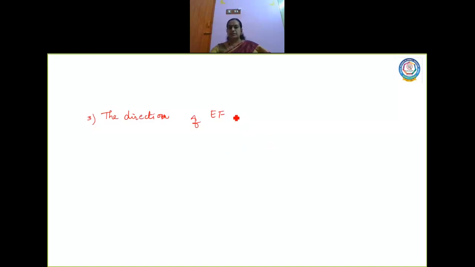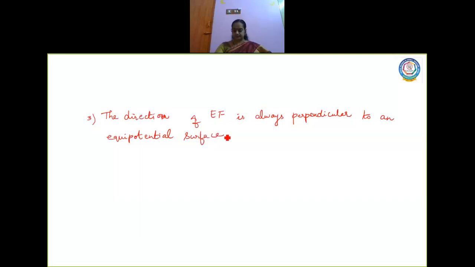So the direction of electric field is always perpendicular to an equipotential surface. Okay, so definitely whenever we talk about an equipotential surface, the direction of electric field is always perpendicular.